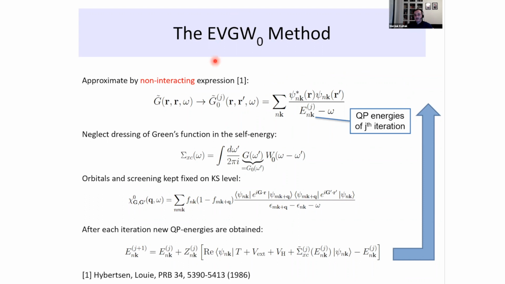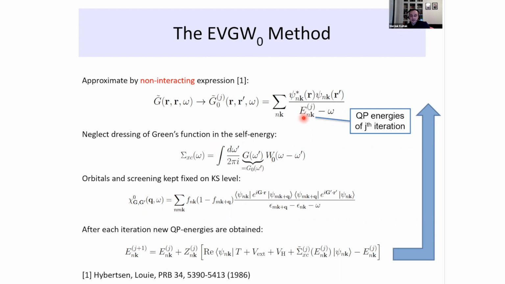The idea of this approach goes back to Hybertsen and Louis and originated from the fact that the Dyson equation for the Green's function is hard to obtain. So one might say that this approach neglects proper dressing of G and uses the quasi-particle energies of the previous iteration to only shift the poles of the non-interacting Green's function.